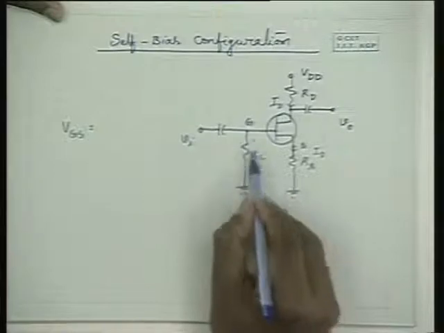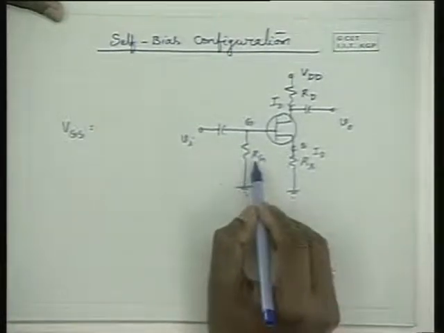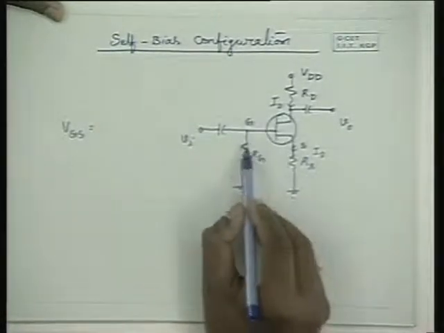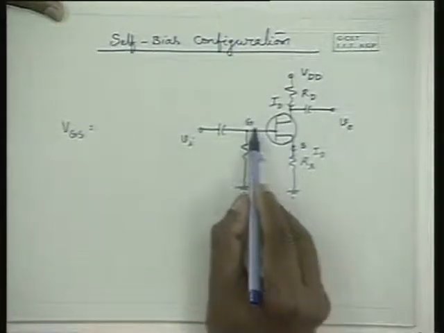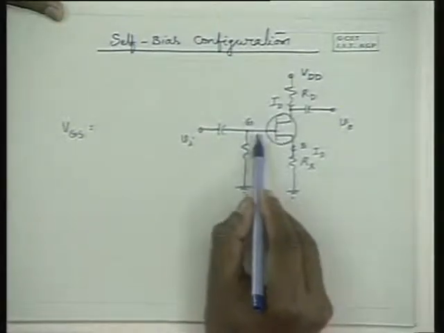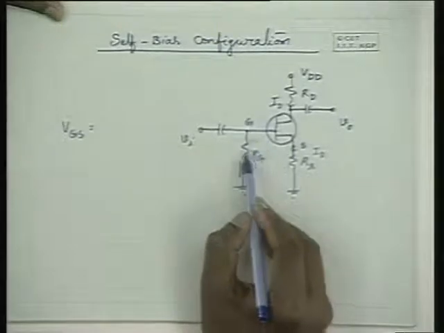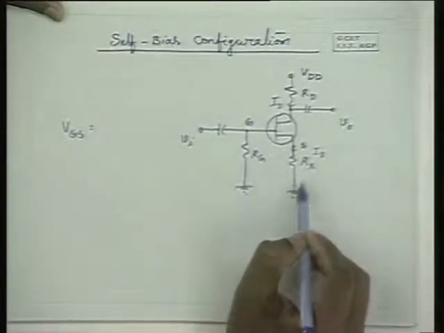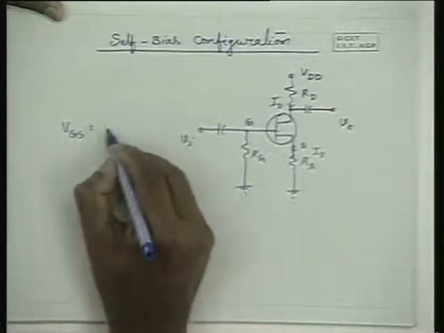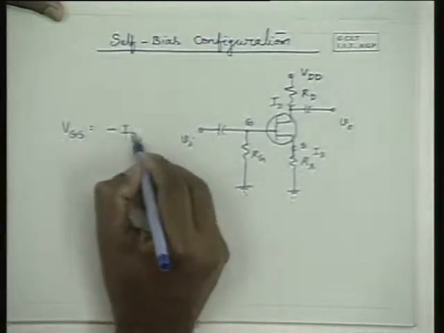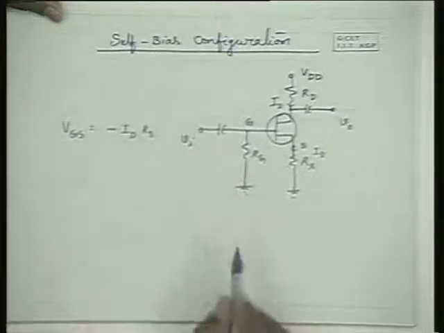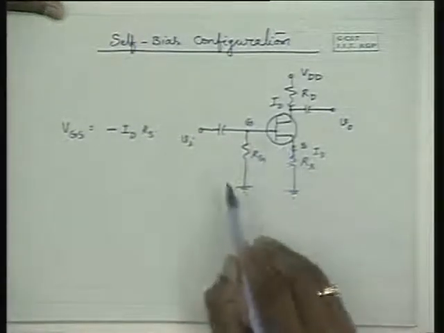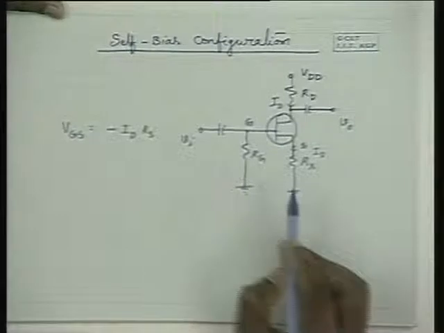And this voltage drop is 0 because for all practical purposes under reverse bias the current that flows into the gate is 0. Hence, VGS is equal to minus ID into RS. This is the input side equation.